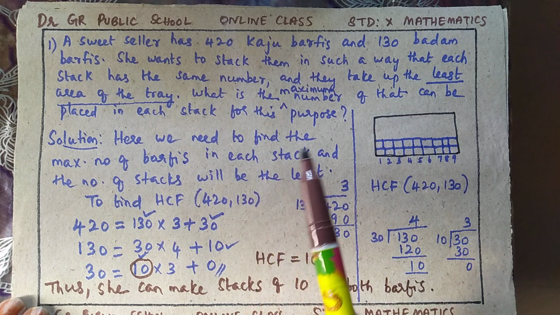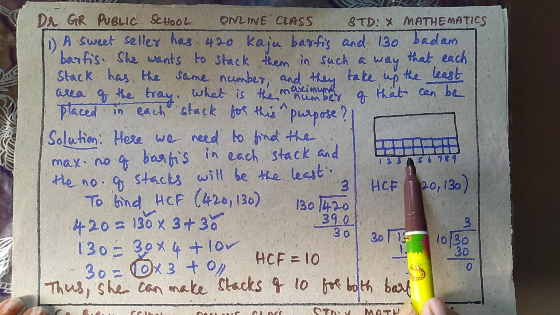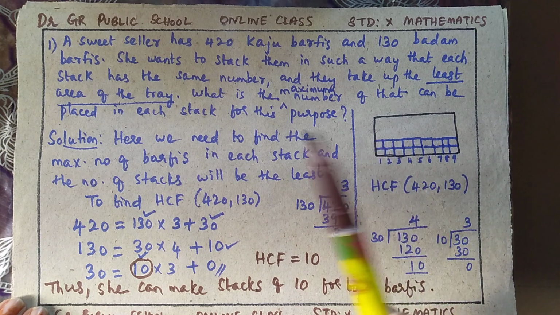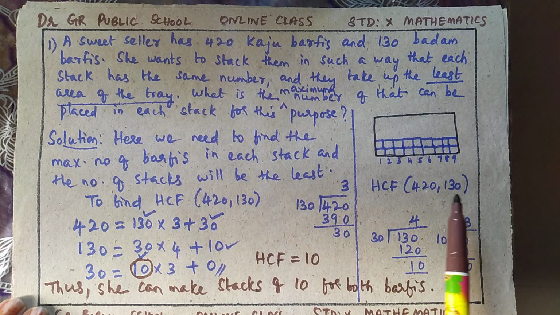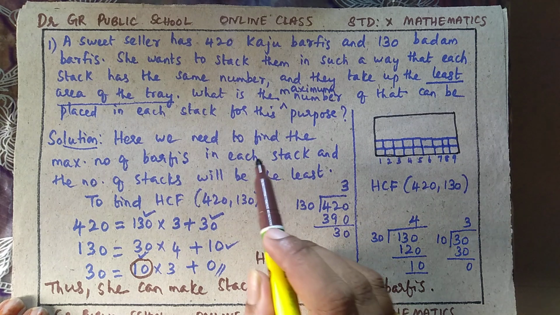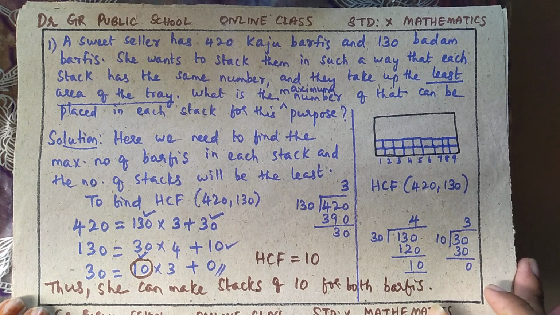So here we need to find the least area of the tray where the maximum number of barfis can be arranged in a stack. So we need to find out the HCF of these two numbers, and HCF you can find out by Euclid's division lemma or by division method. So we reached HCF is equal to 10, and that is the number of barfis arranged in a stack. So that is about the first problem.